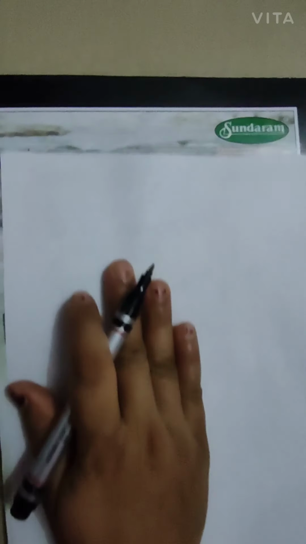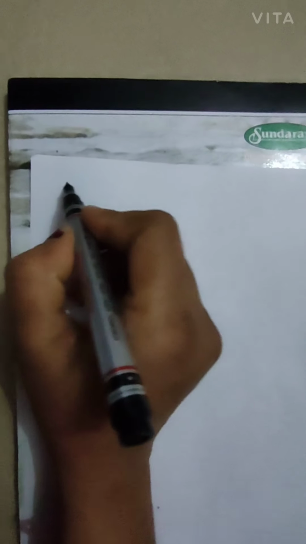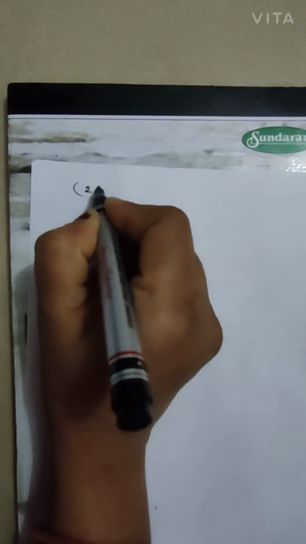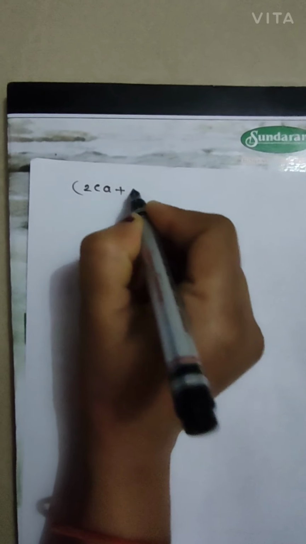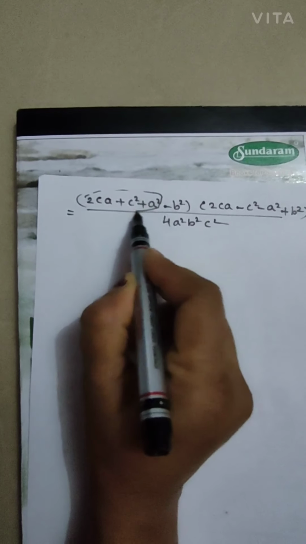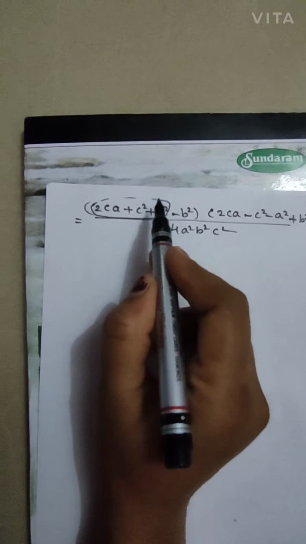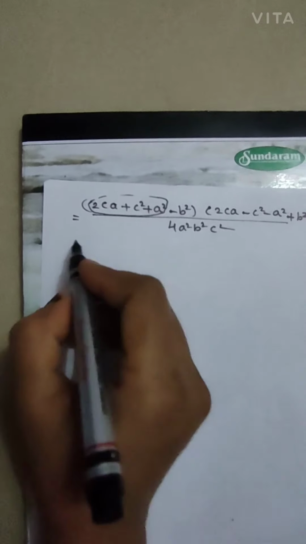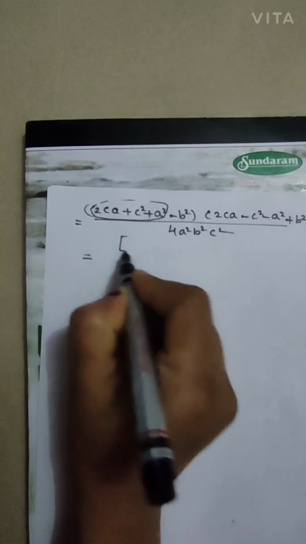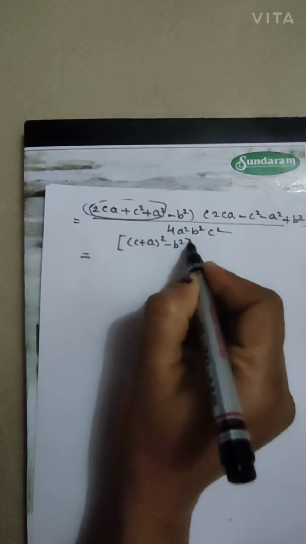Now our next term is, okay, I will write our bottom term here. Can I make this in the form of (c plus a) square? So convert this in the form of (c plus a) whole square minus b square.